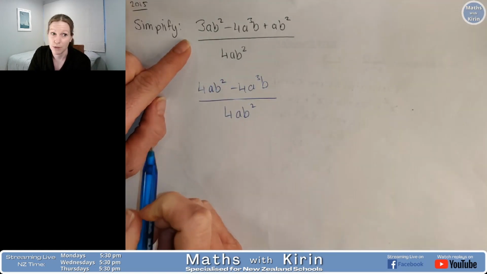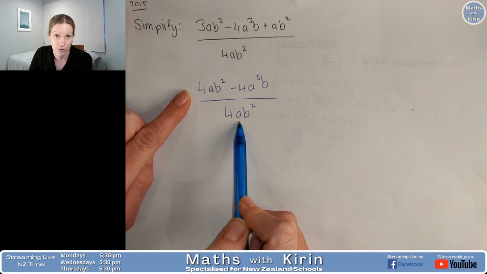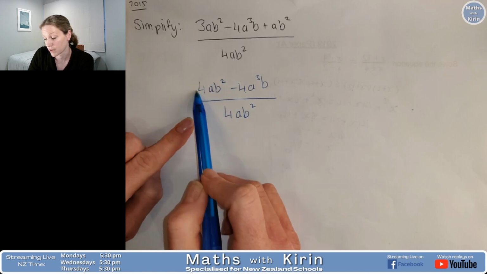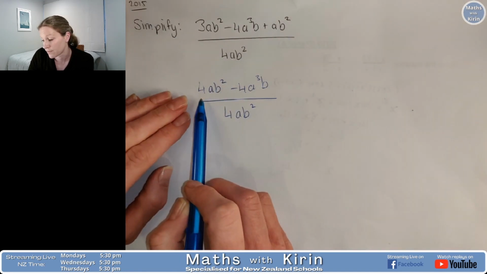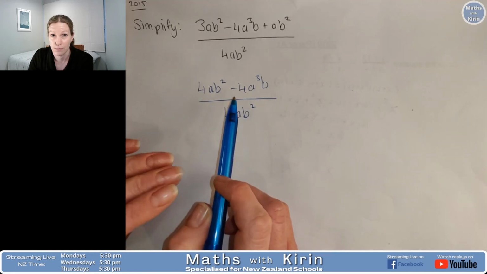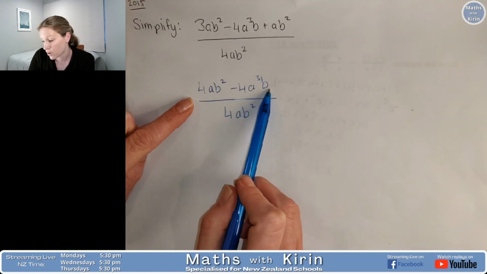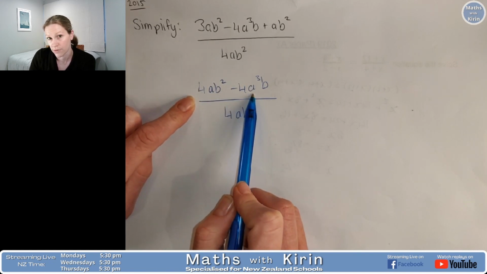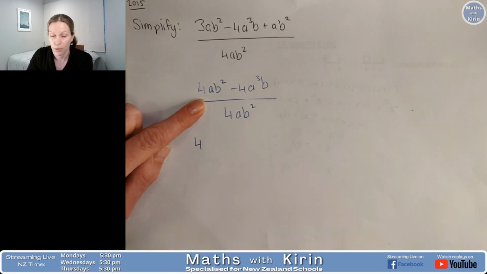Now you may be tempted to cancel these, but we know that we can't cancel those two terms because they're not factors at the moment. This in particular is not a factor of that numerator. So what we need to do is factorize the numerator and then see what common factors we have that we can cancel. So looking for common factors between our 4ab squared and our negative 4a cubed b, 4 is probably an obvious one.